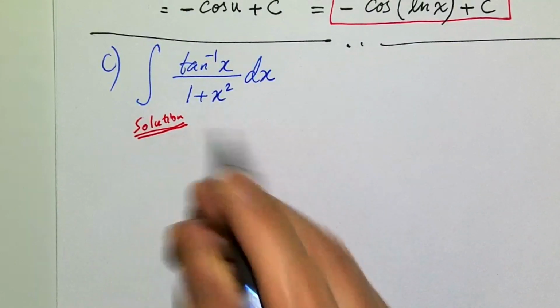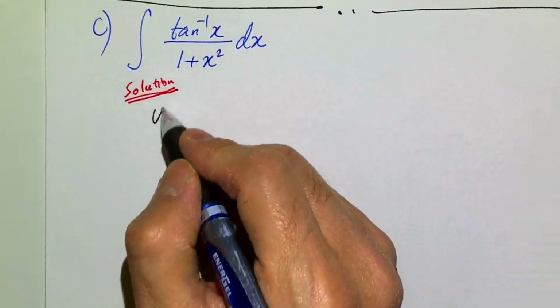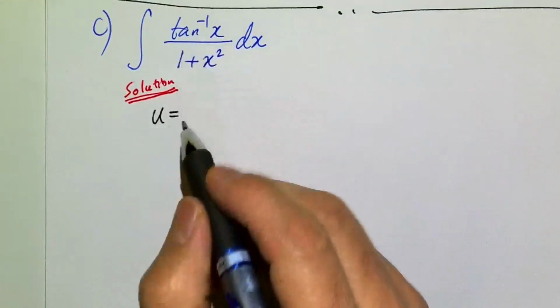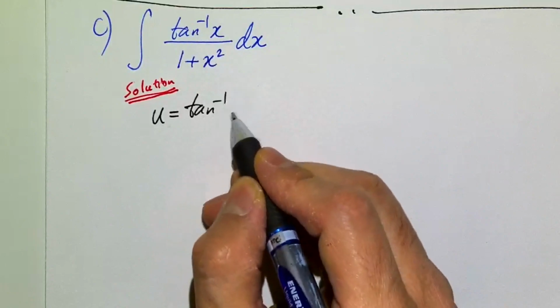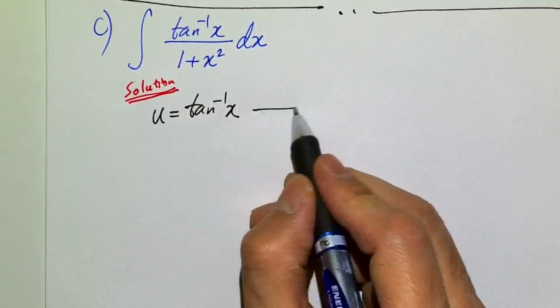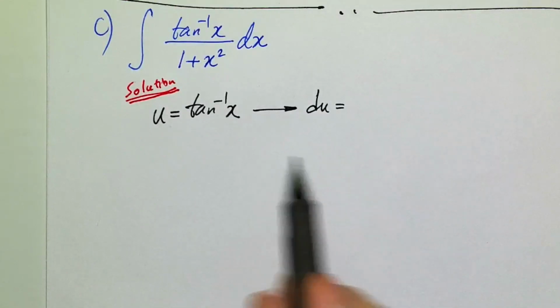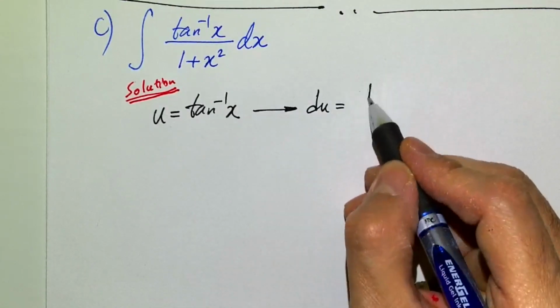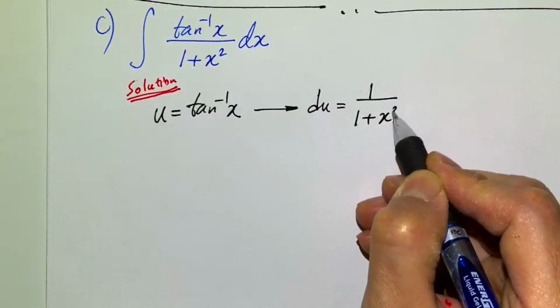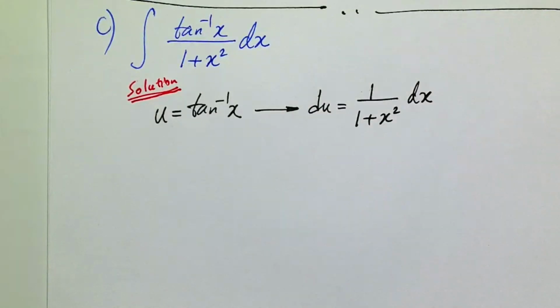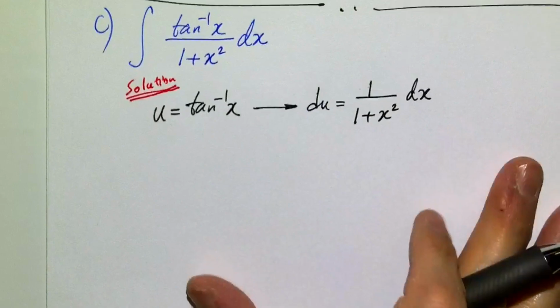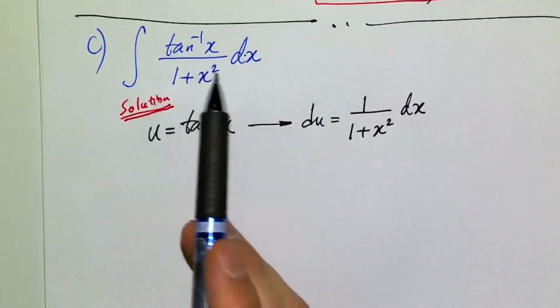Okay, I'm assuming you've done that. So if we take u as the inverse tangent of x, then the du will be 1 over 1 plus x squared dx, right? Which is what we have here, dx times all of that.